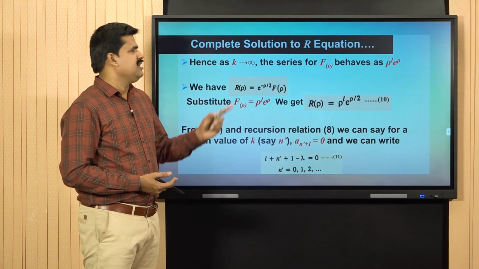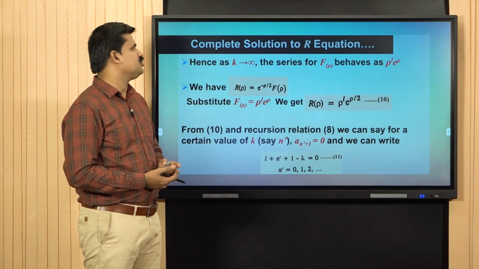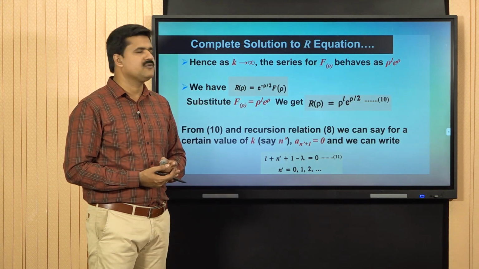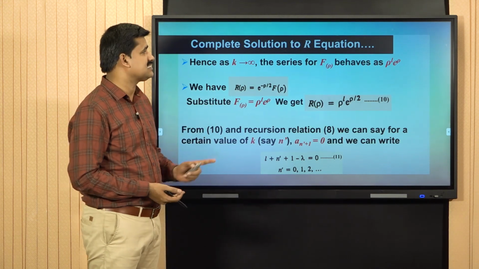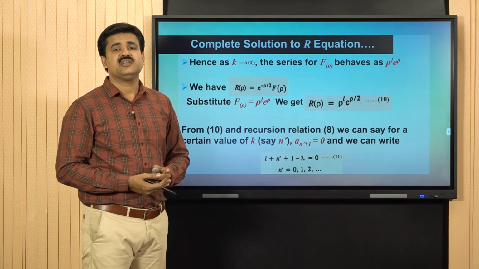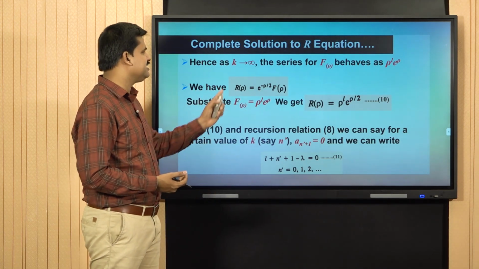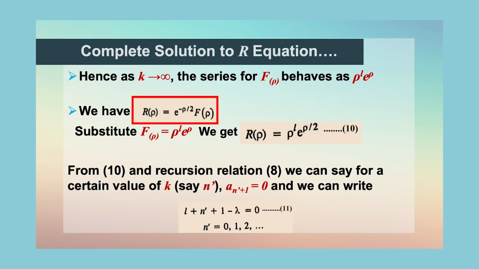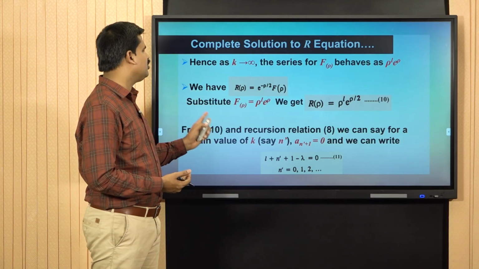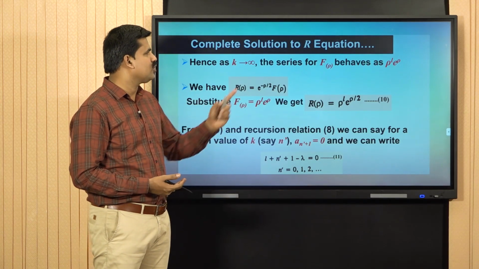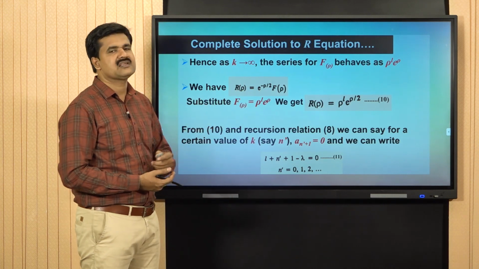Now, when k tends to infinity, the series for f(rho) behaves as rho raised to L into e raised to rho. We have already this relation R(rho) is equal to e raised to minus rho by 2 into f(rho). And now we know f(rho) is equal to rho raised to L into e raised to rho.